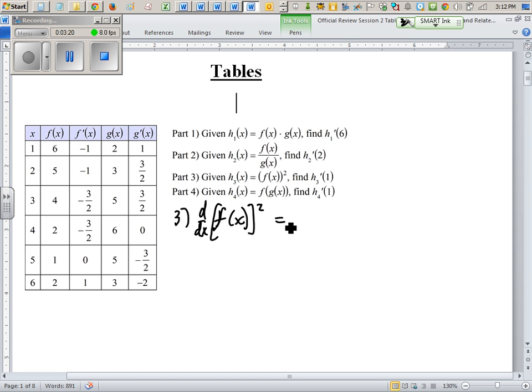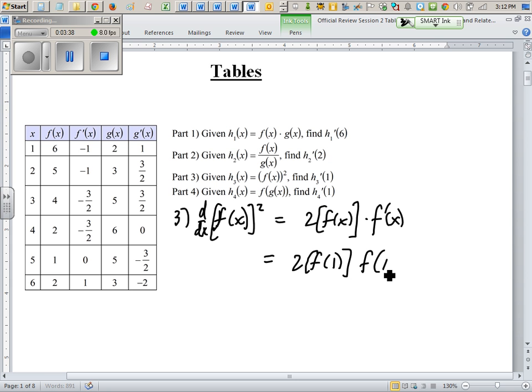So we bring like 2 to the front, and then 2 f of x, and then multiply by f prime of x. Right. And then maybe save plugging in the 1 for later, right? Okay. And then you could just steal all the stuff from the table. So f of 1 is 6 actually. And f prime of 1 is negative 1. So negative 12. That's a 6.